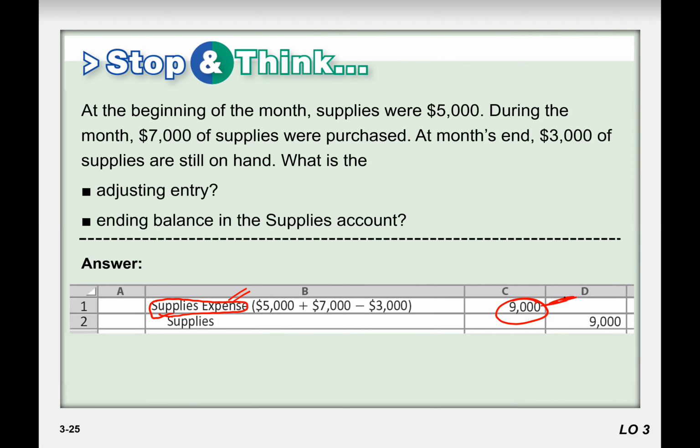Supplies expense is a different account, supplies is a different account. Supplies is a balance sheet account, and supplies expense is an income statement account.